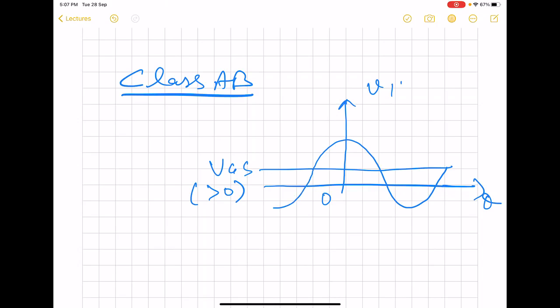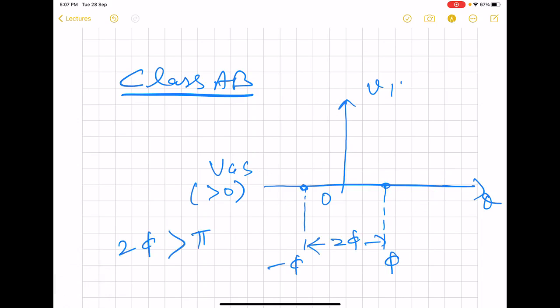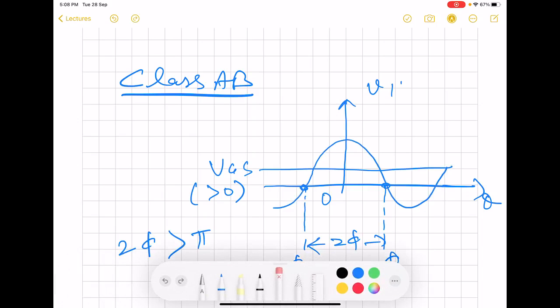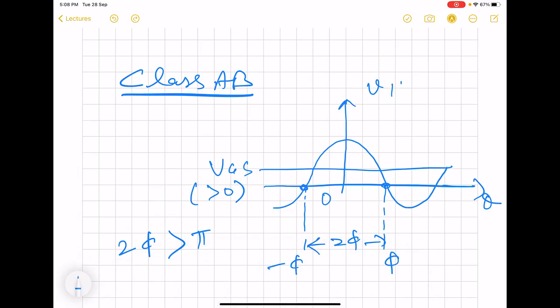So here we see that now conduction angle is more than pi. So this is 2 phi, starting from minus phi, this point going up to phi, and this 2 phi is greater than pi, because pi is from here to here. So this is pi range.